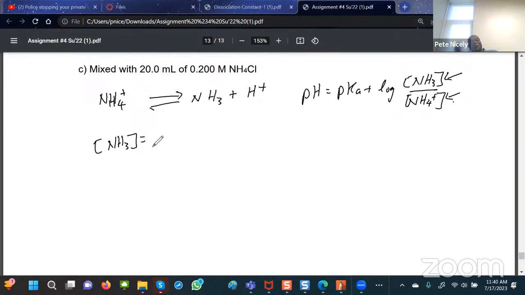Remember, you start off with 40 mL of the 0.100 M ammonia solution, and then you're adding 20 mL of another solution. So basically, you're diluting the ammonia solution.